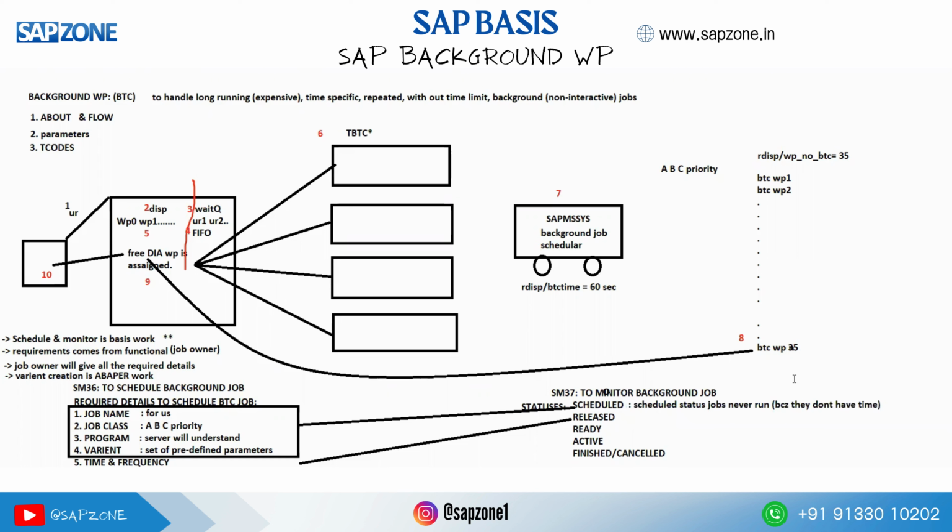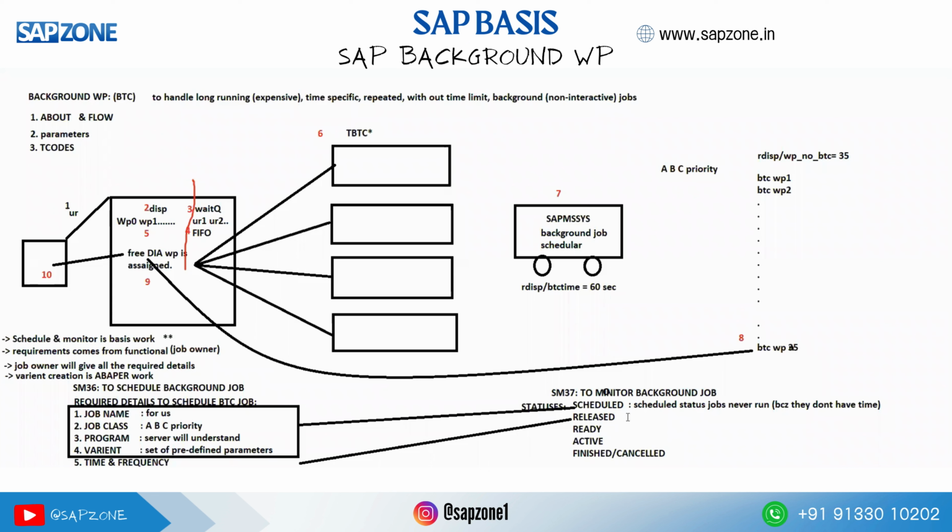It is like I have given my credit card details, all the details, but I did not mention when that payment is to happen. So how will the payment be done? In the same way, if you give all the details, the job will come to scheduled. When you have given time also, only then is it released.